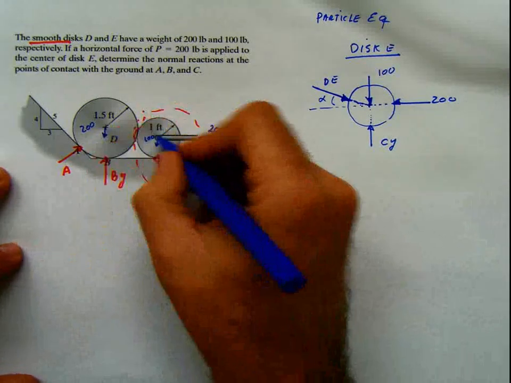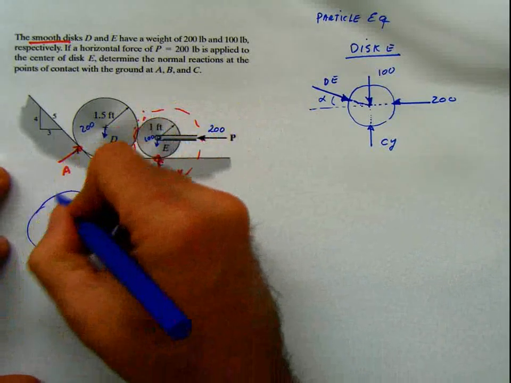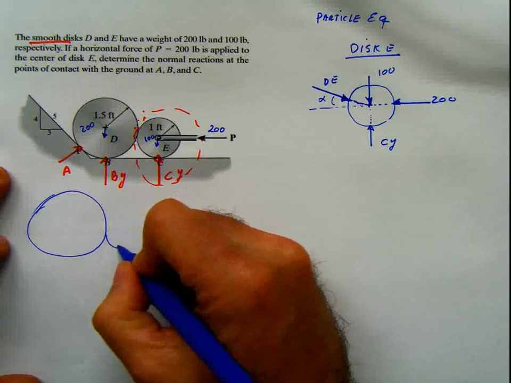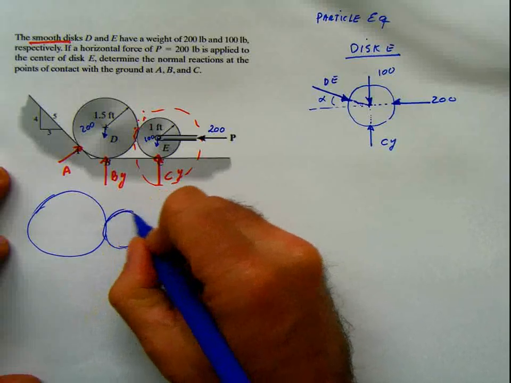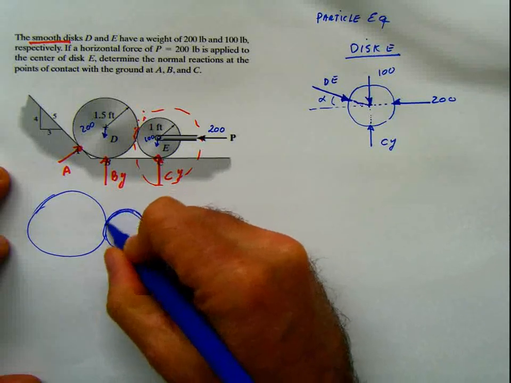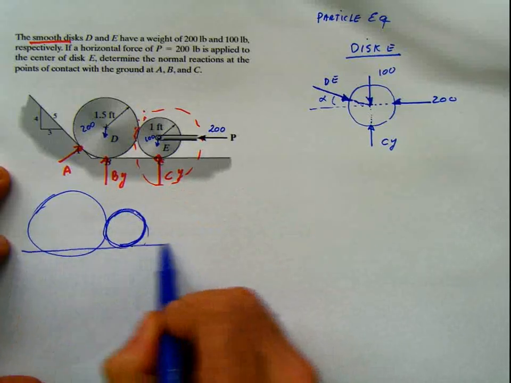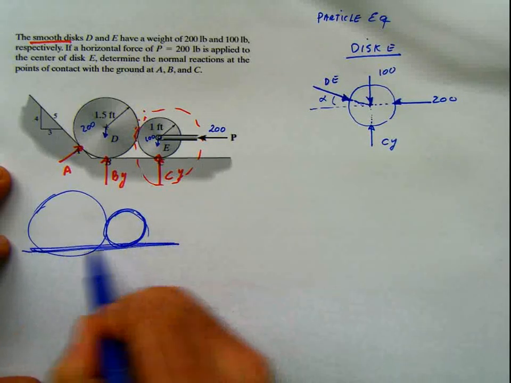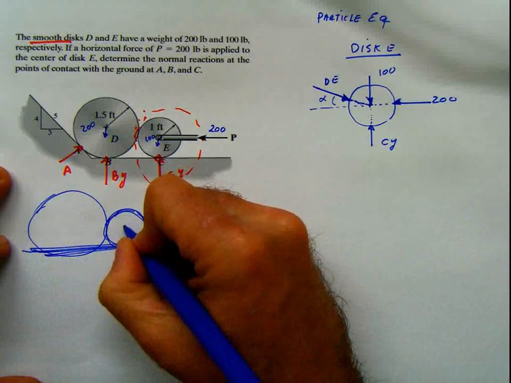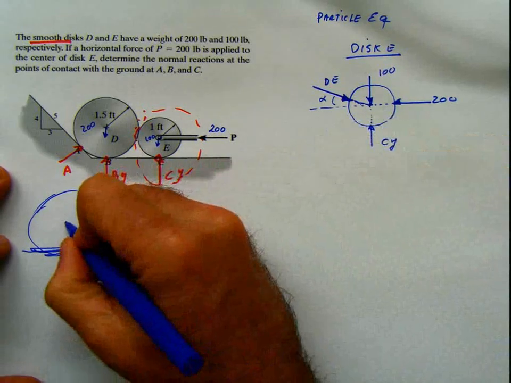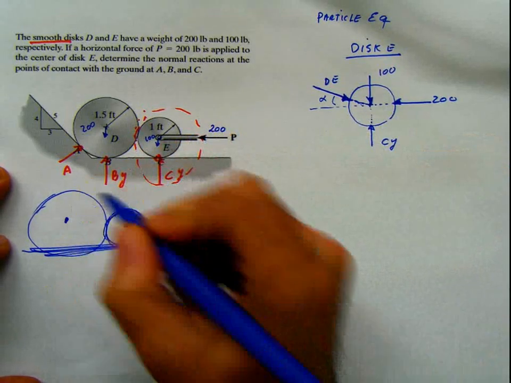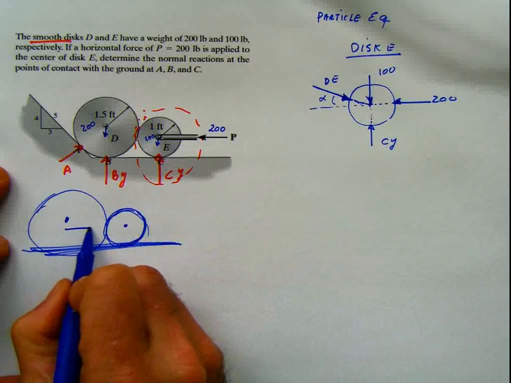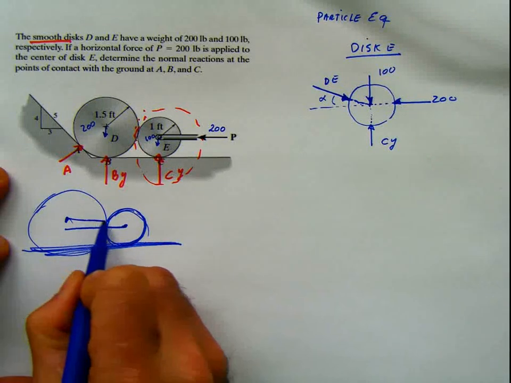Well, remember you have these two disks, right? A big disk here and a small disk here, and both of them are at the same level here. This is the center of this one, and this is the center of this one. So basically you have this triangle between the two disks.